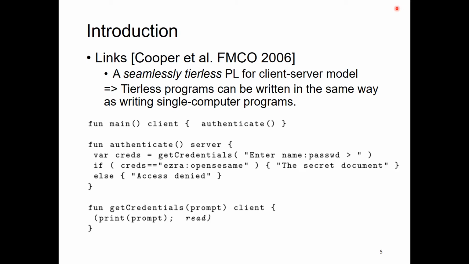The only difference is specifying the locational function. Here, client means that the main is a client function that must run at client. Here, server means that the authenticate is a server function that must run at server.